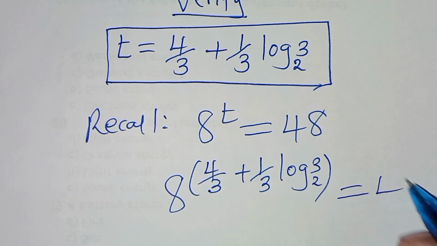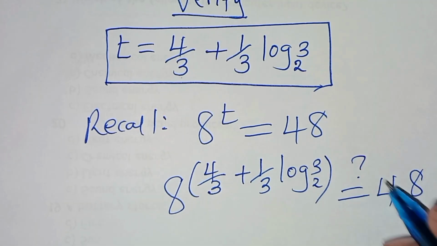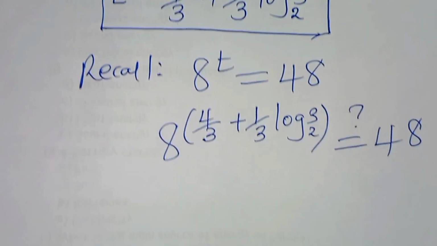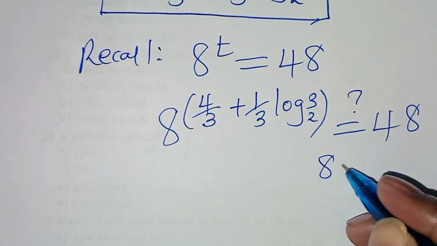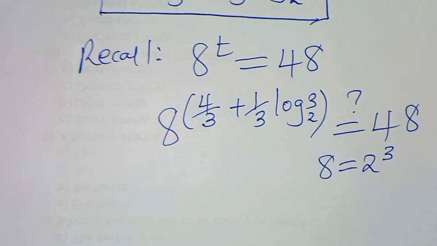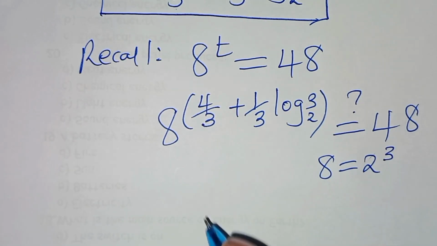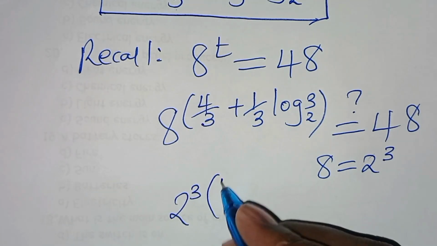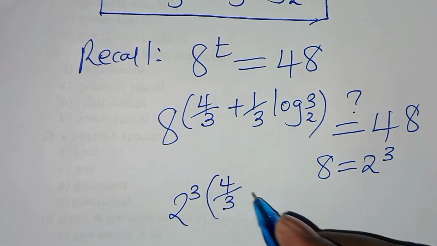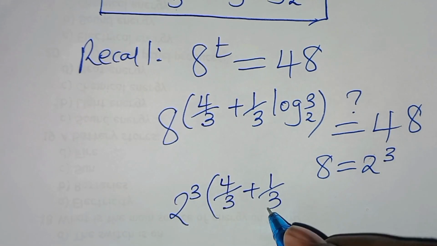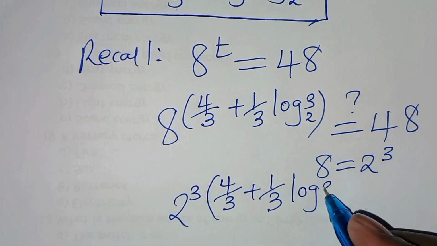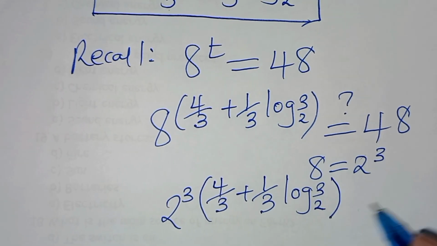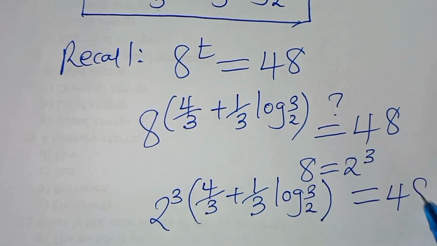This should give us a value of 48. So let's check if this is true. Now we can express 8 here as 2 to the power 3. So let's substitute this. We have 2 to the power 3 multiplied by 4 over 3 plus a third log 3 to base 2.